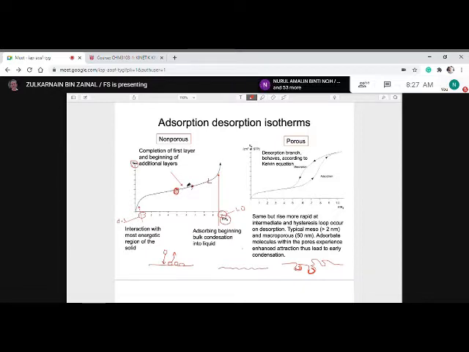So you are going to follow the same route. That occurs for non-porous material, whether it is a rough surface or a smooth surface without any pores, which is considered a non-porous surface.